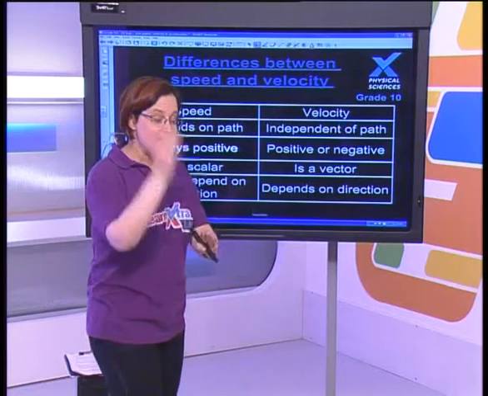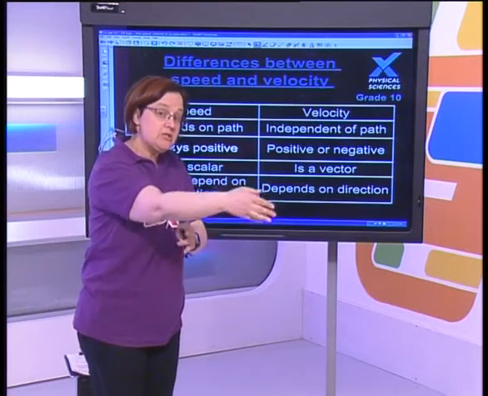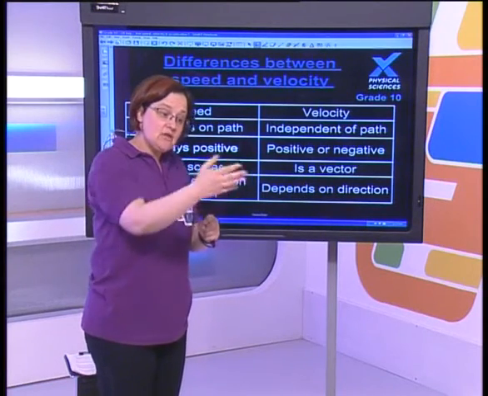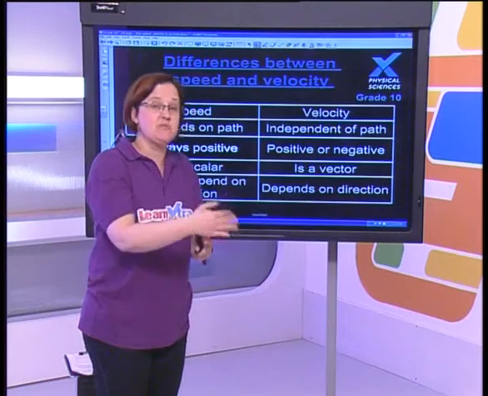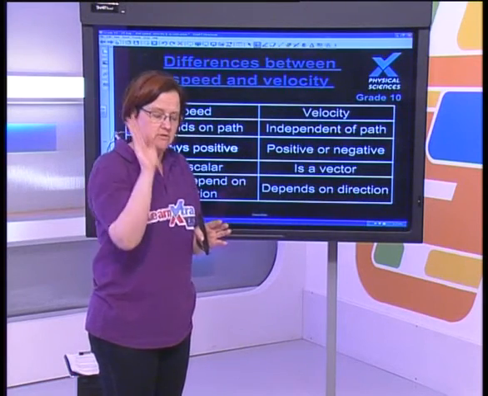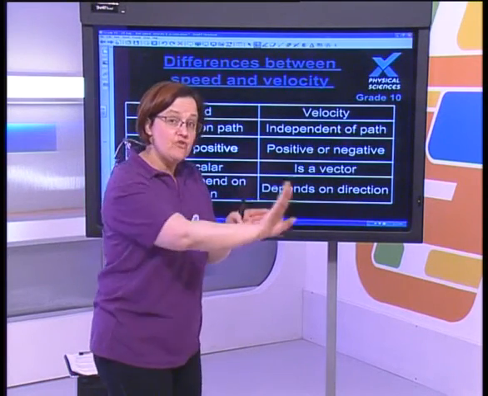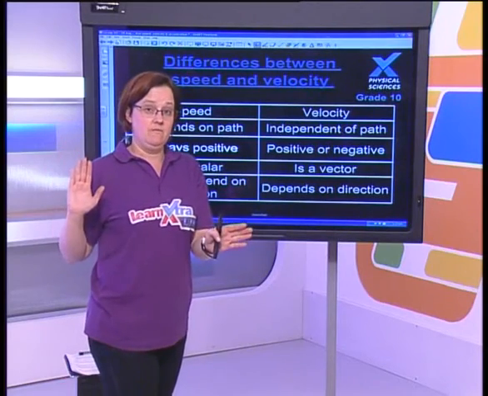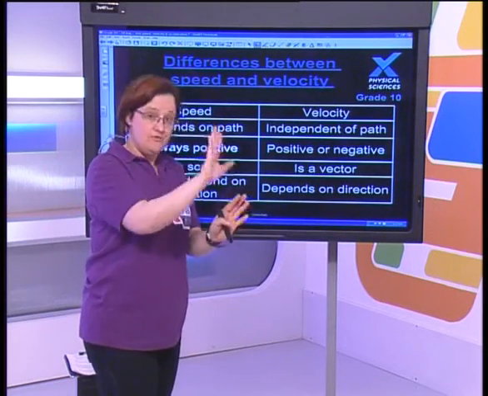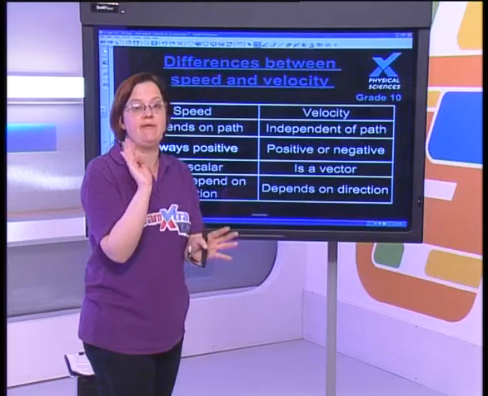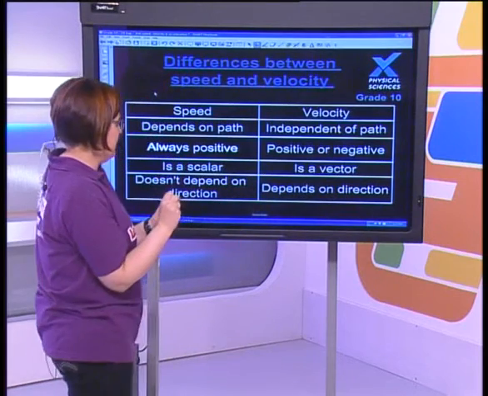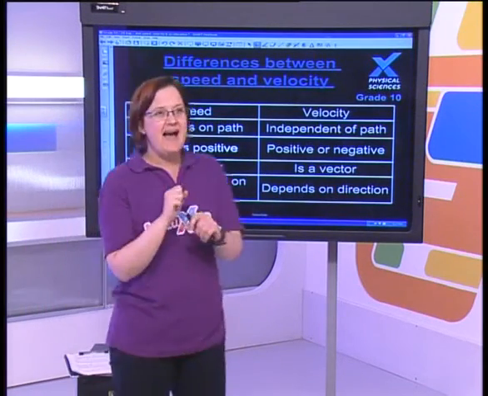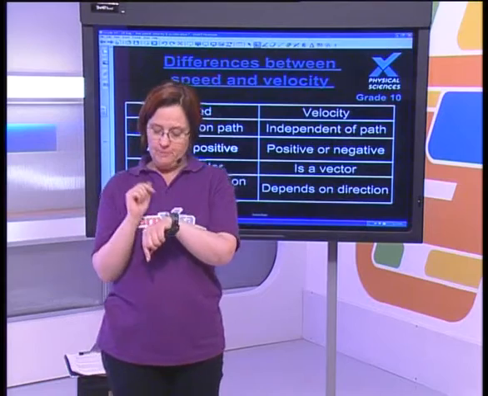Even if you are moving forward but slowing down, your velocity is still in the same direction as your displacement. Your acceleration changes direction. We'll get to acceleration next. In order for your velocity to become negative, your displacement must become negative. You've actually got to turn around, you've got to change direction. Very, very important.